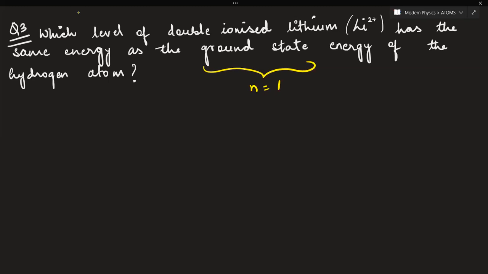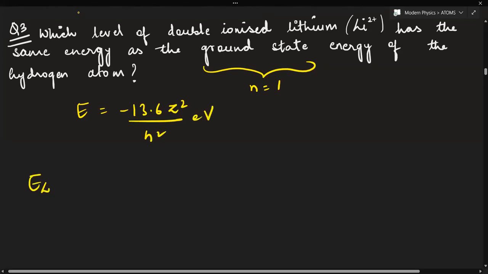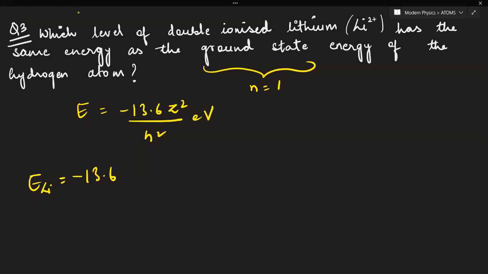The formula of energy is minus 13.6 Z square by n square electron volt. So let us write it for lithium. Minus 13.6. What is the value of Z for lithium?